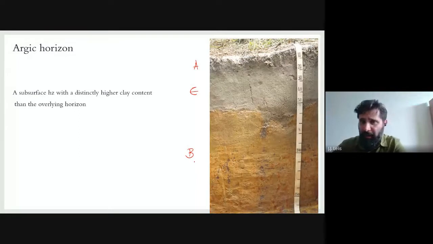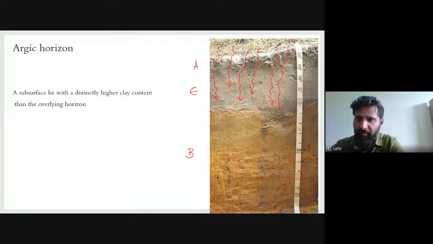So when it starts to rain, the rain could easily and quickly penetrate through this horizon because we have a sandy texture with a lot of large voids that favor the infiltration of water. But when water reaches this clay horizon, the quantity of voids is not so high, and the size of the voids is much smaller.